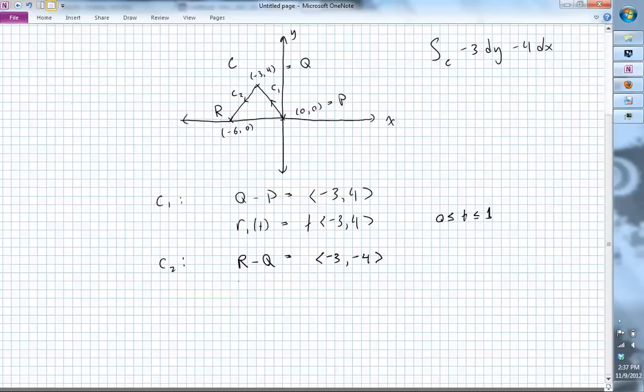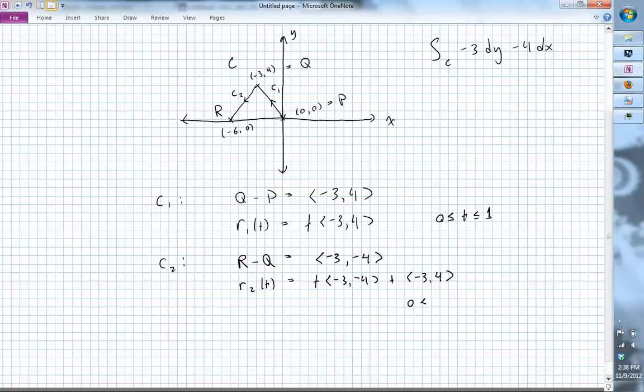And so the parameterization of that part of the path, R2, is going to be t times -3, -4, plus any point on the curve. I'm going to use -3, 4, because that'll get my parameterization to work out nicely. So at what value of t am I at the start of C2?